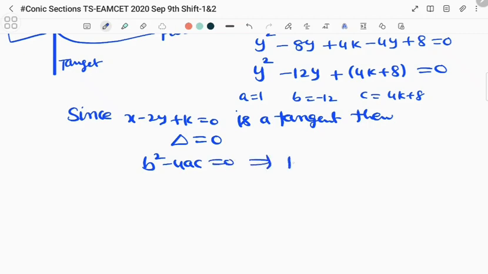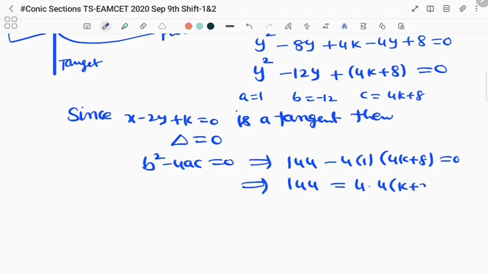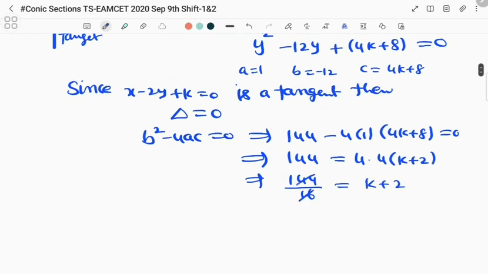So b square means minus 12 whole square, 144, minus 4 into a value 1, c value 4k plus 8. That implies 144 equal to 4 times, here also 4 take common, k plus 2. So 144 divided by 16 equal to k plus 2. 16 nines are 144, so 9 is equal to k plus 2.